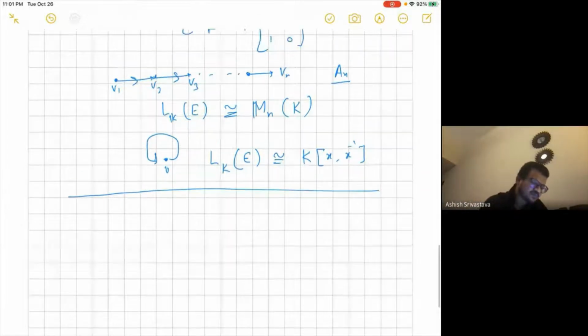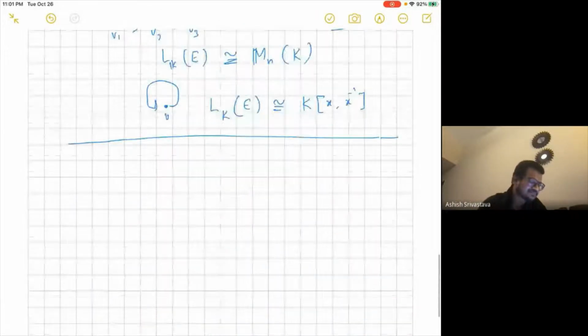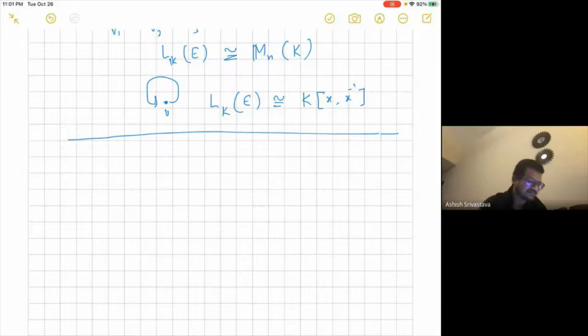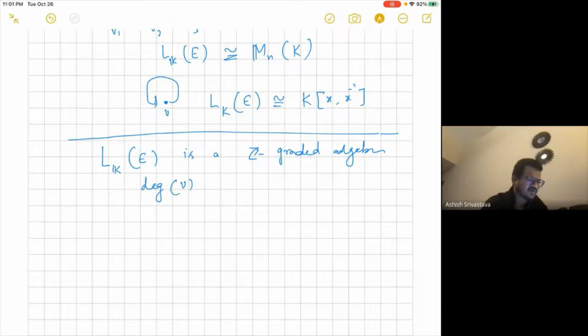One thing you can again notice is that this is a Z-graded algebra. The Leavitt path algebra is a Z-graded algebra in a very natural way. You give the vertices degree 0, you give edges degree 1, and the ghost edges degree negative 1, right?